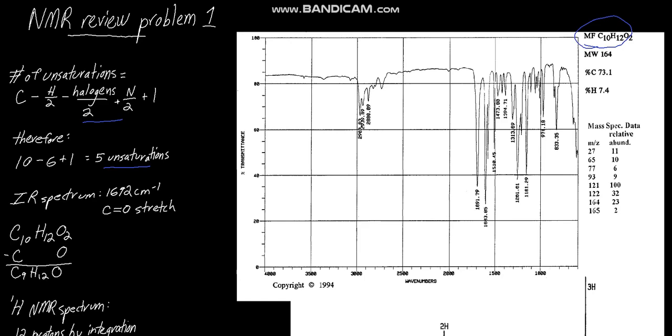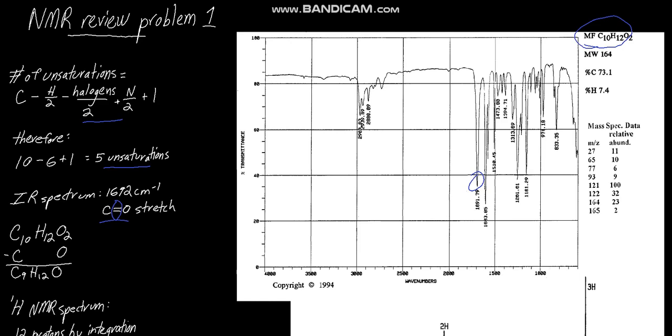The IR spectrum also shows us that we have a carbonyl stretch visible here. Not a lot of other useful information from the IR, nor do you want to overinterpret IR. I will point out that IR is looking at bonds and behaviors of electrons within bonds, not nuclei, which is NMR, nuclear magnetic resonance.